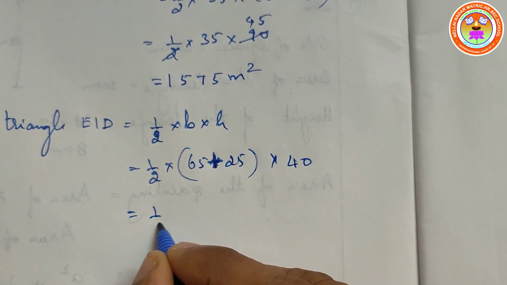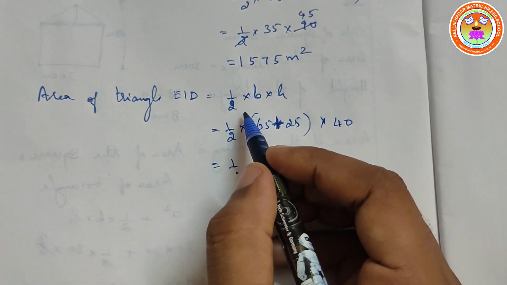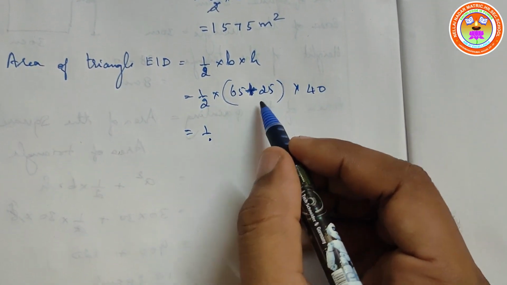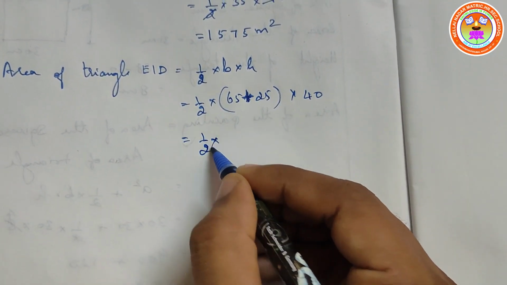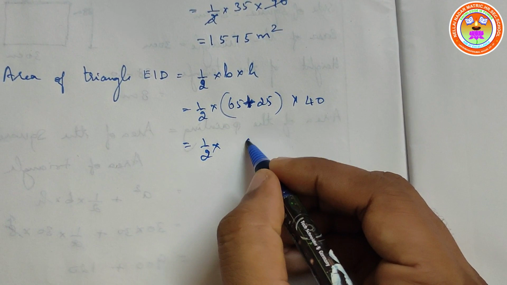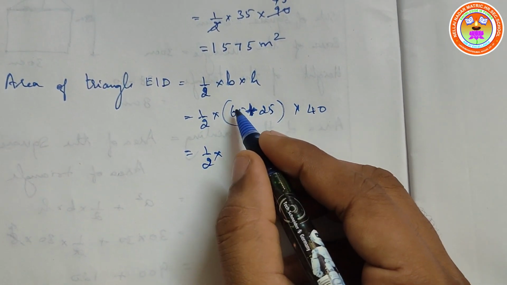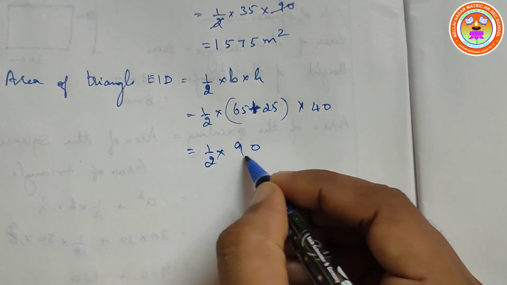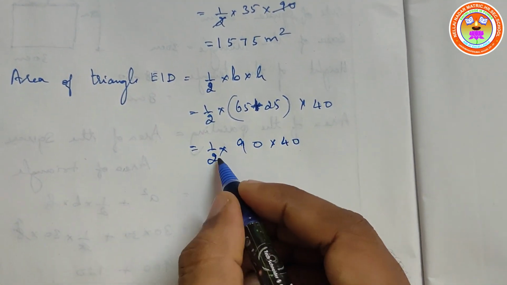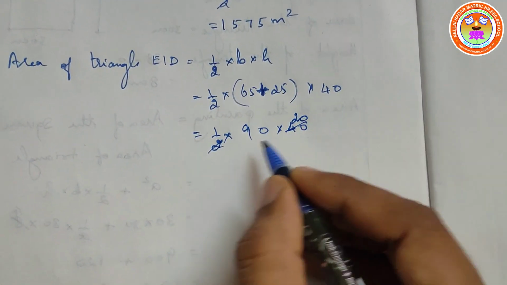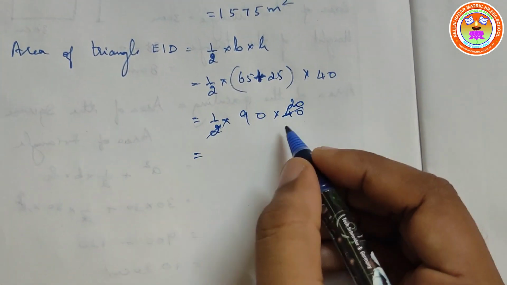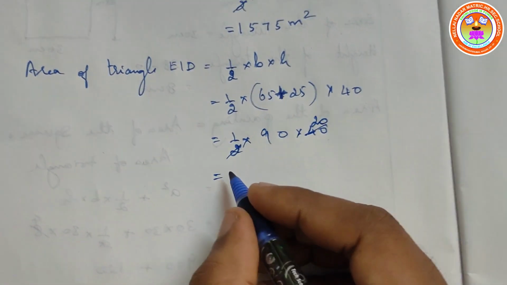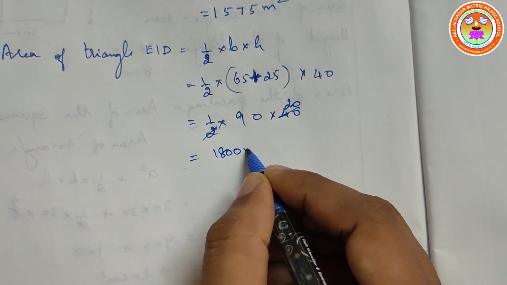Now area of the triangle EID equal to half into base into height. Base is 65 plus 25, that is 90, into 40. So you can easily cancel this. 90 into 20, it's nothing but 1800 meter square.